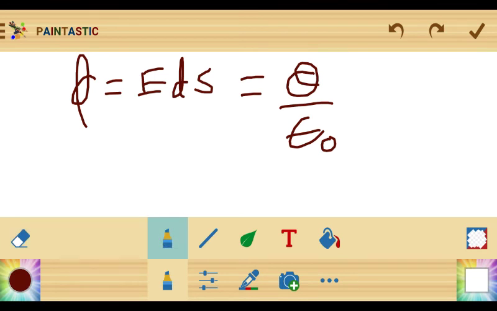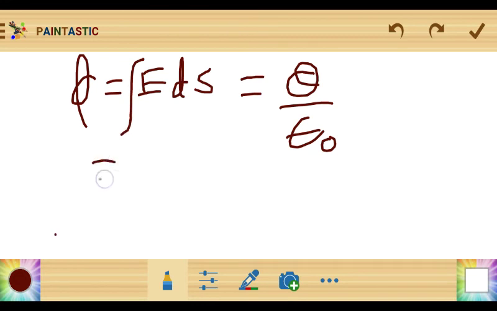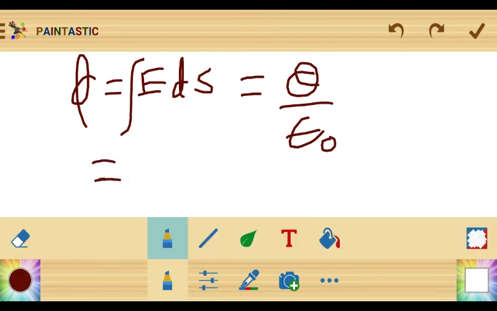To find the E value for the cylinder, E is only over the curved surface area and dS is that surface area, because the top and bottom have no contribution to flux.